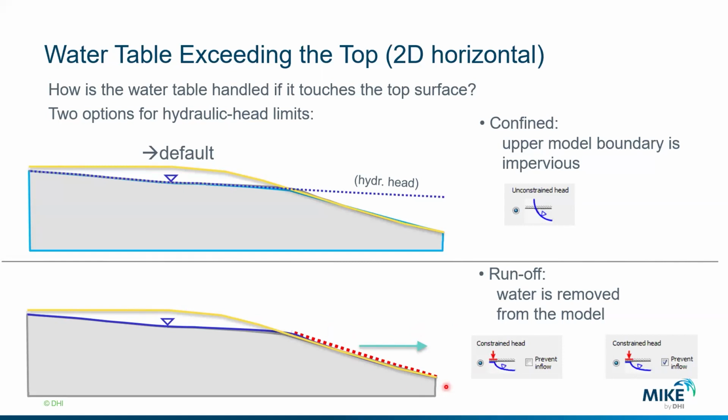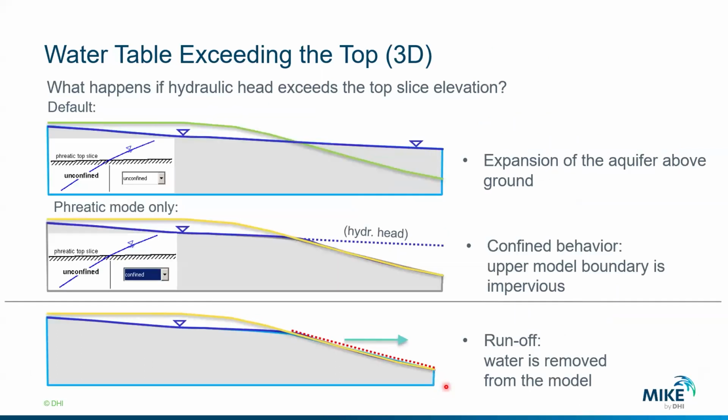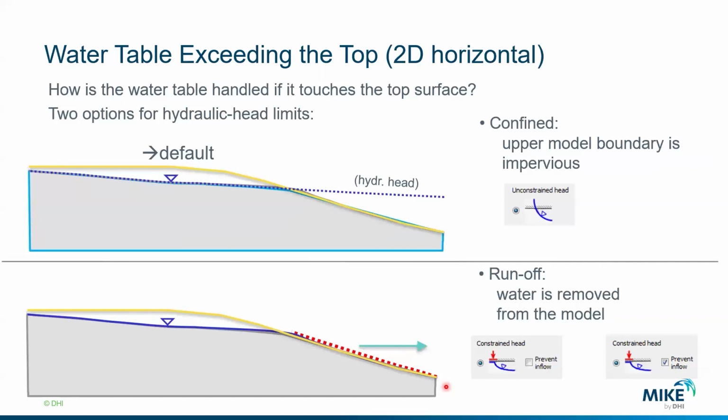You can also display the location of this boundary node and see what the spots are where this process is happening. So you can see it as a very simple estimation to calculate the runoff. A typical example is groundwater flooding.